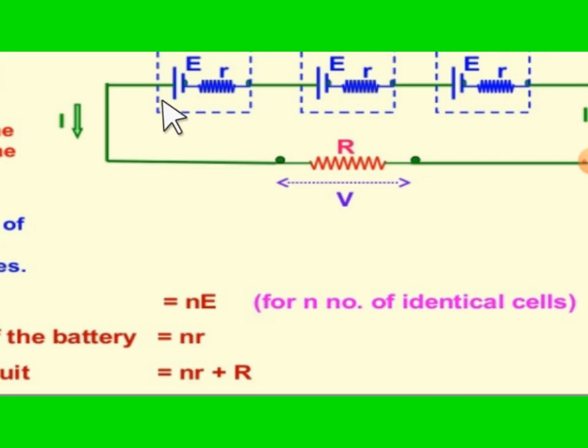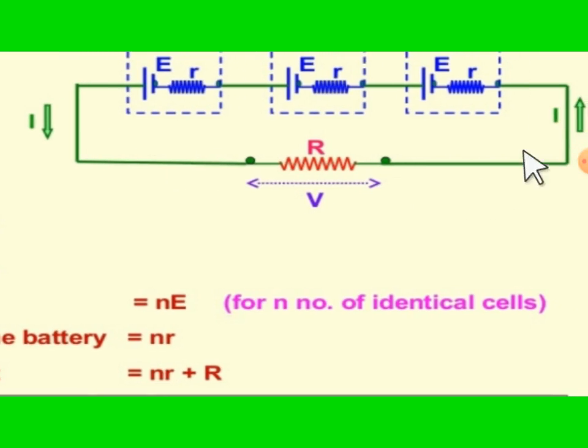Now total resistance will be what? Total resistance in the circuit, as these cells and the external resistor are connected in series, current will have to flow through this resistor, and then it will go to the different individual cells. So they are connected in series, the same current is flowing across this external resistor and internal resistances, right?